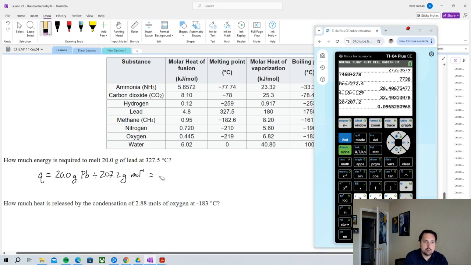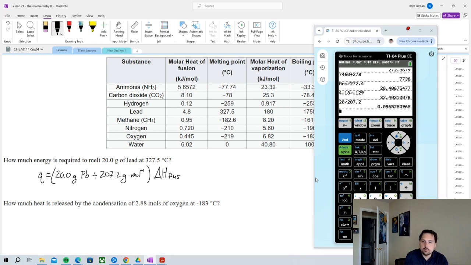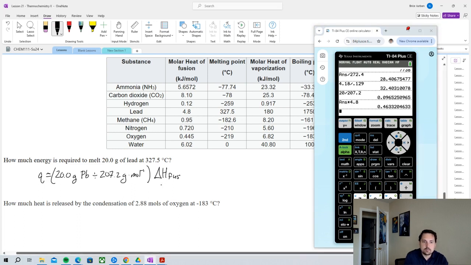Okay, and then we're going to multiply this by the heat of fusion. The heat of fusion is 4.8 kilojoules per mole. So our energy here is going to be equal to 0.463 kilojoules per mole. Now, 20 grams of lead is like 1/10 of a mole, so that is essentially 1/10 of the heat of fusion.